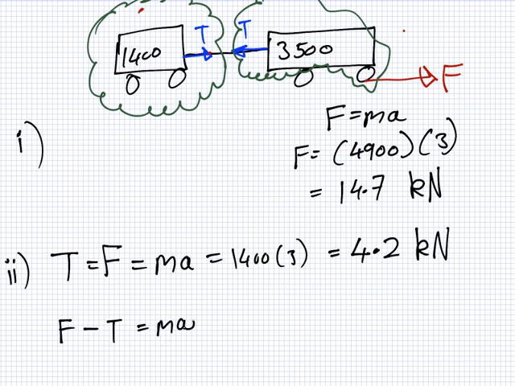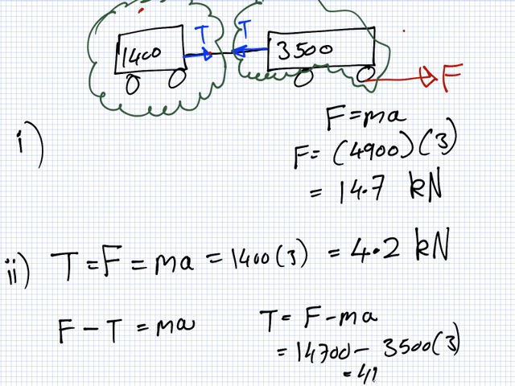Oh, I didn't consider that. So I get T equals F minus ma, which is 14700 minus 3500 times 3, which is 4200, which is 4.2 kilonewtons. Oh, he did it using maths. Believe me now? Yeah, just wanted to make sure.